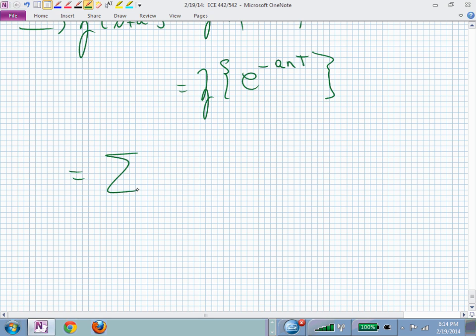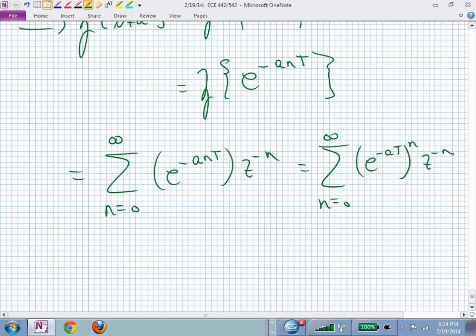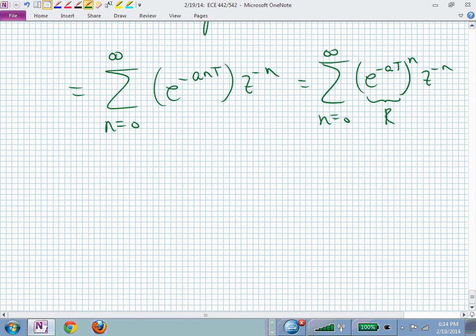So we now need to z-transform, or put that functional form into our infinite sum, and we are summing that from 0 to infinity. We have e to the minus a n T, z to the minus n, but we've now said that we could also think of that as e to the minus aT to the n, z to the minus n, and this piece, again, is just our r.